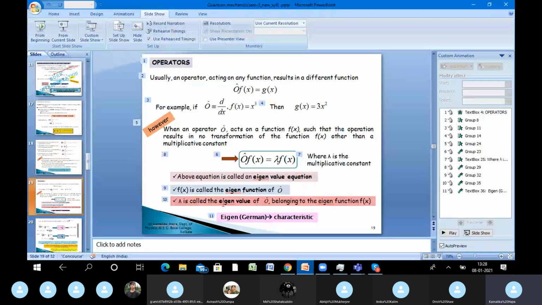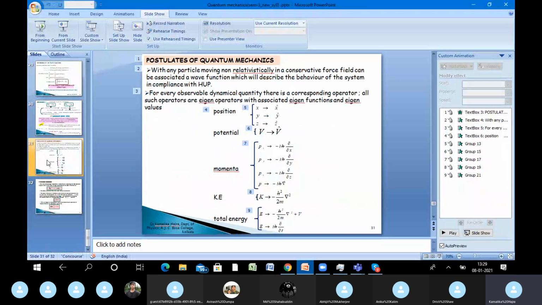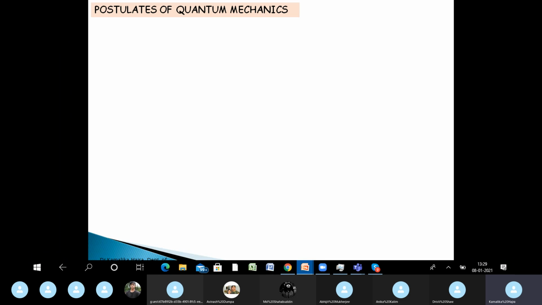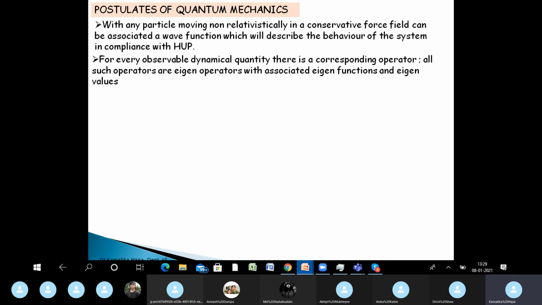So if you see the last 2 slides of this presentation, the postulates of quantum mechanics, I'll just go through them once more. The wave associated with a particle, the de Broglie hypothesis, in accordance with Heisenberg's uncertainty principle.